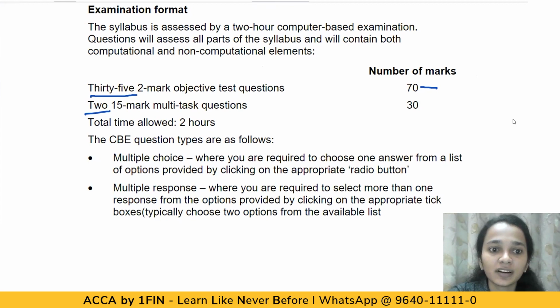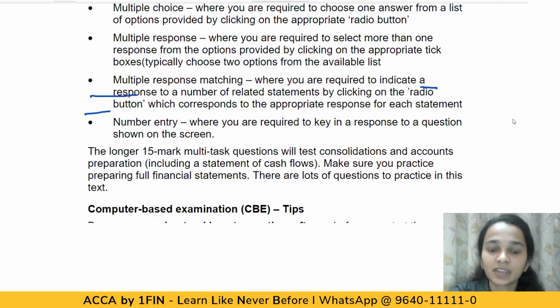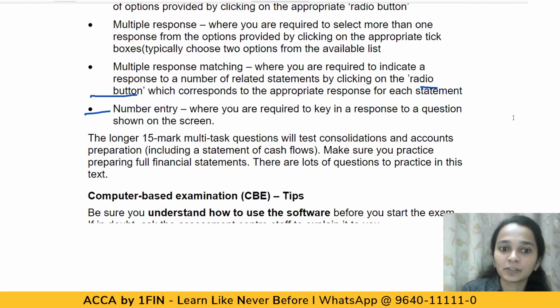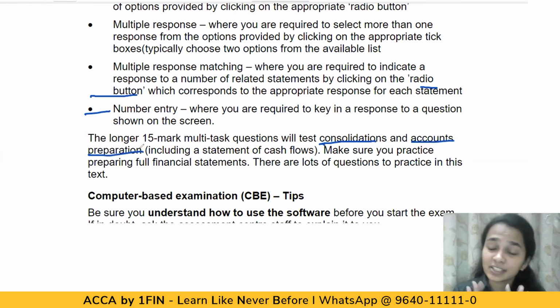And talking about the multitask questions, if you look here, they've clearly mentioned that the multitask questions will test you on consolidation and accounts preparation. However, this also has to be done on computer only. It is not that you have to type everything.